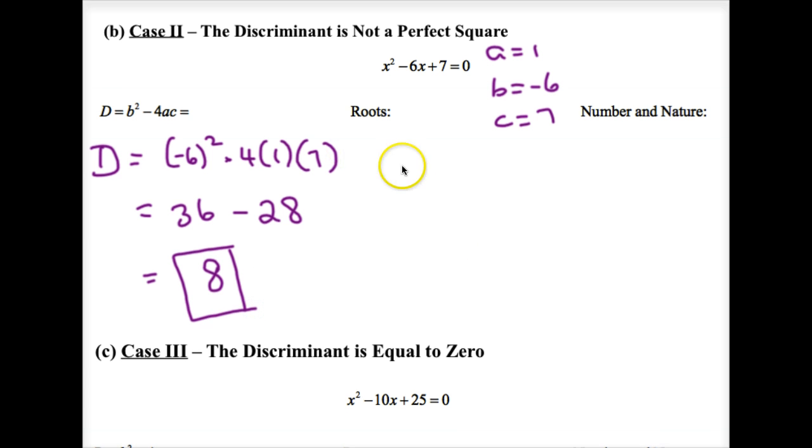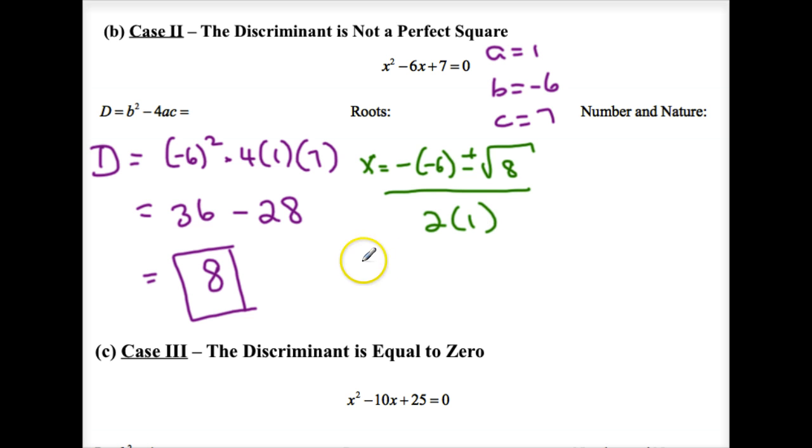So now let's find the roots. Remember, use your quadratic formula. I know my root x is equal to minus b plus or minus the square root of 8, everything over 2 over 1. This becomes 6 plus or minus the square root of 8 over 2.